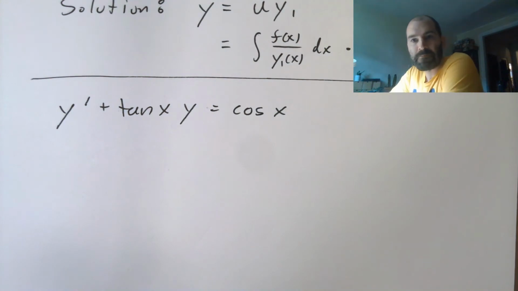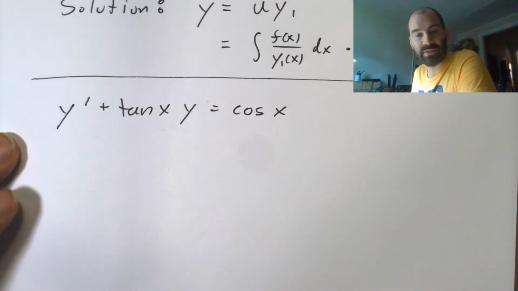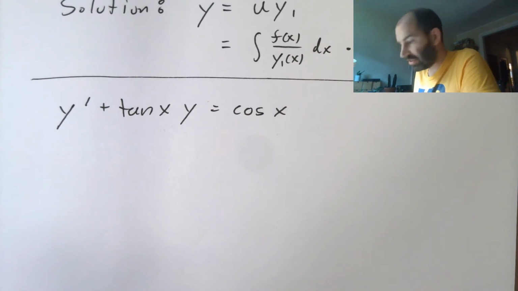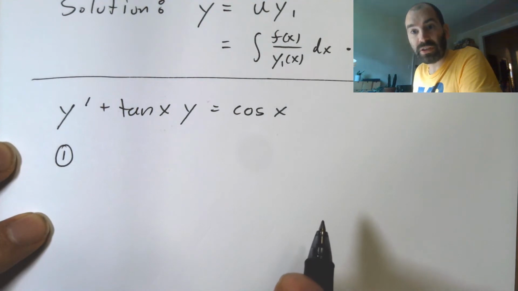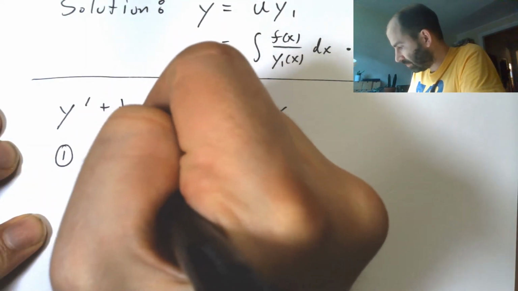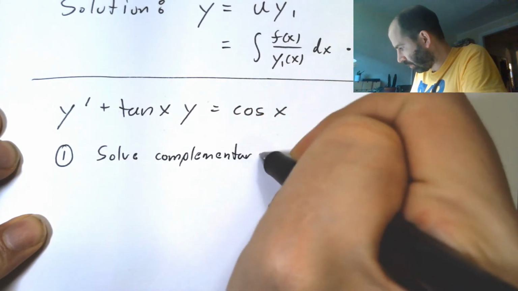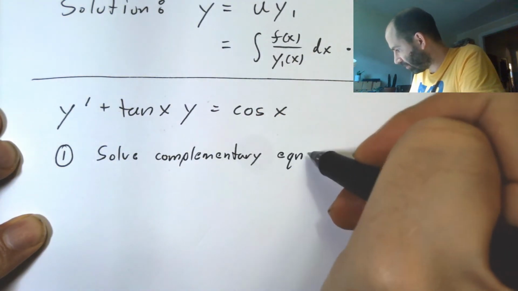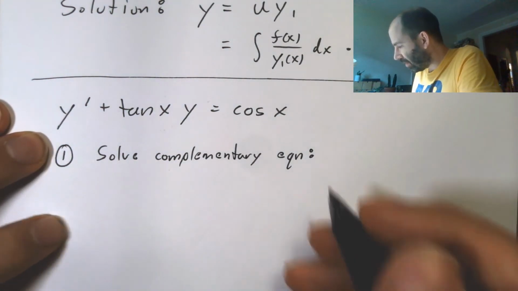My p of x is tan x, and my f of x is cosine x. I'm going to solve this. So what was the first step? First step was solve the complementary equation, or homogeneous equation. I guess I'm calling it complementary now. All right, so we're going to solve this.